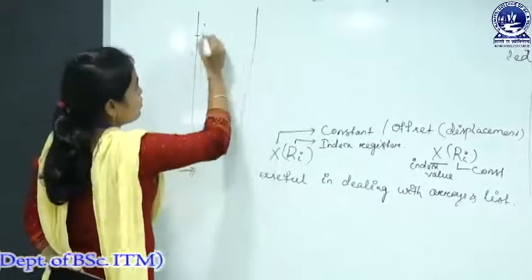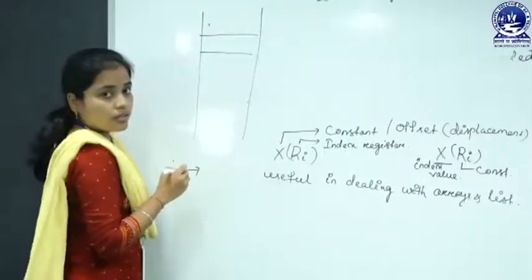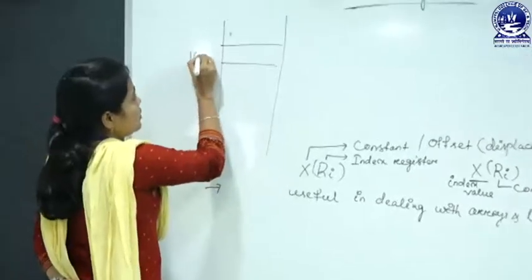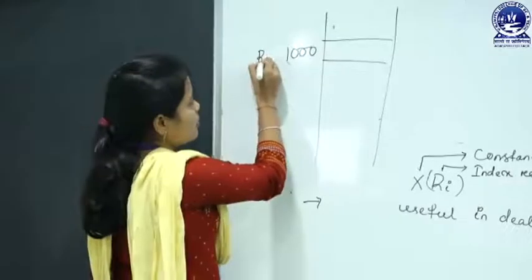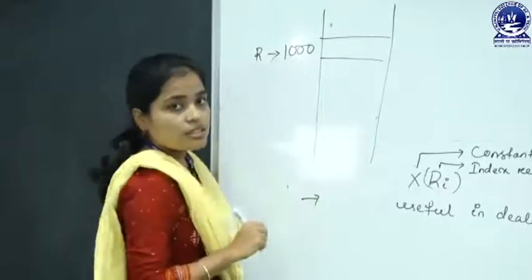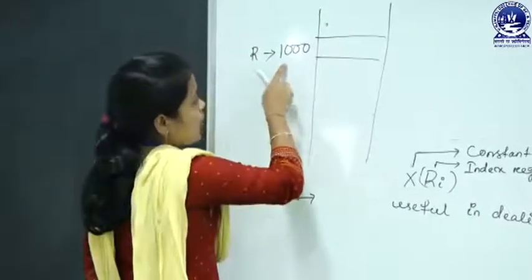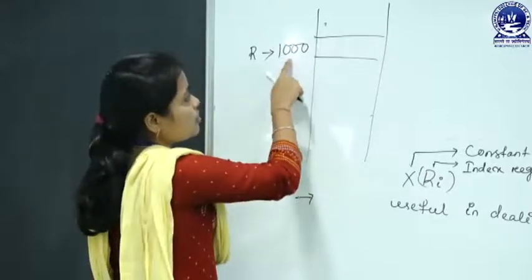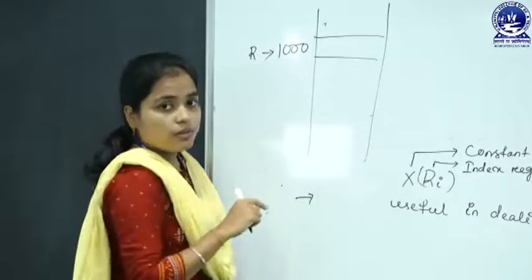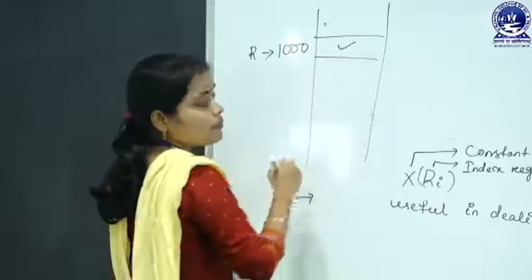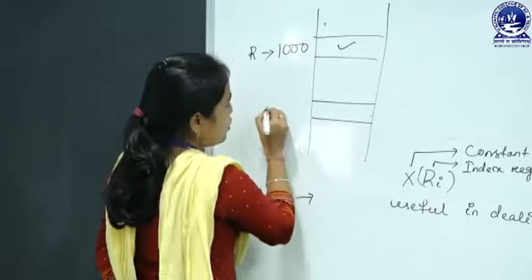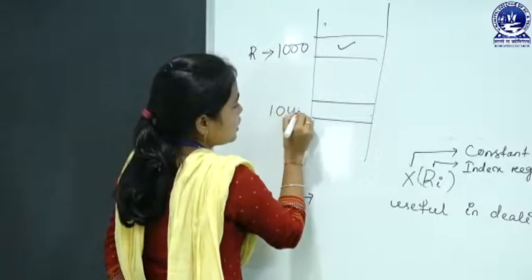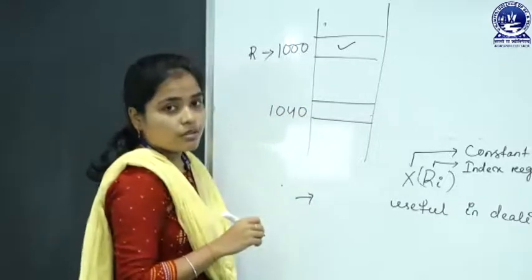Okay, so let us take an example with this X and Ri. Let this be one memory location, and here is location 1000, and R contains the memory location 1000. After executing the instruction stored in memory location 1000, we have to execute the instruction which is stored in, let us say, the 1040th memory location.